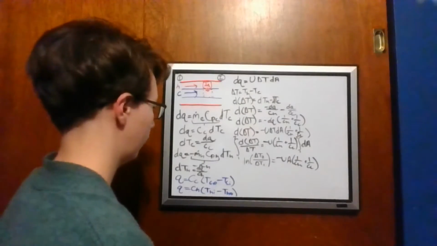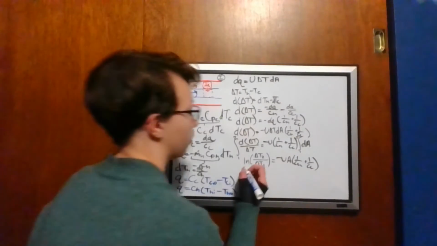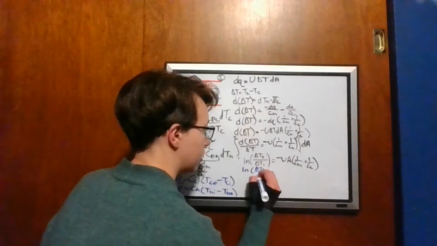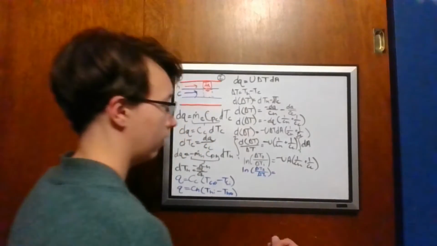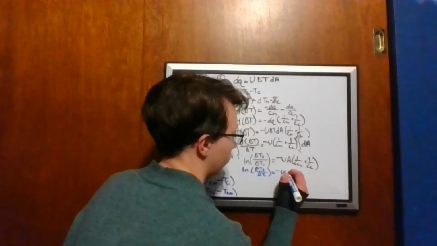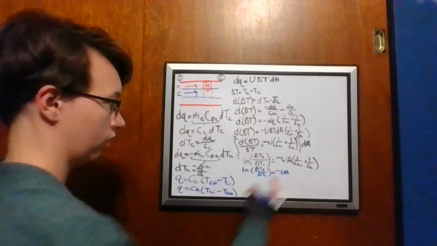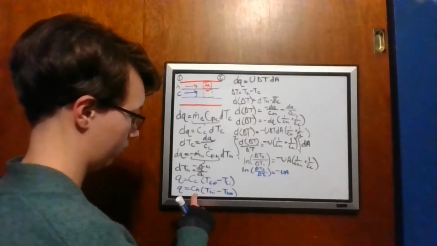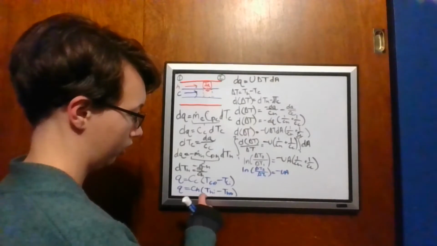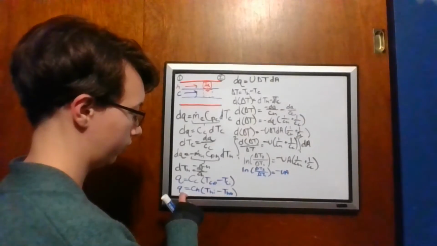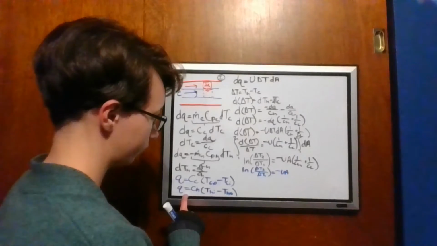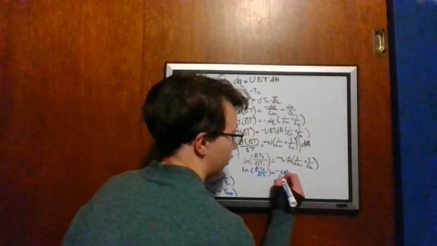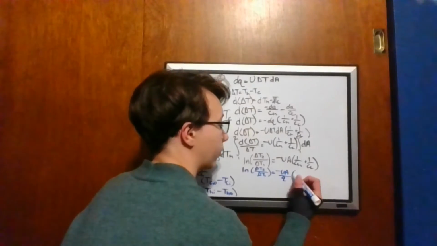Alright, so now we can plug these into here. We've got that ln of delta T2 over delta T1 is equal to negative UA, and then we want 1 over CH, so we're going to have this THI minus THO over Q. We're also going to do it over here, so both of them are over Q, so I'm going to factor out the Q in the denominator right now.